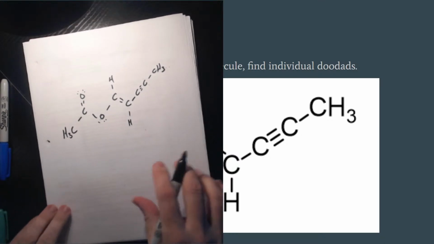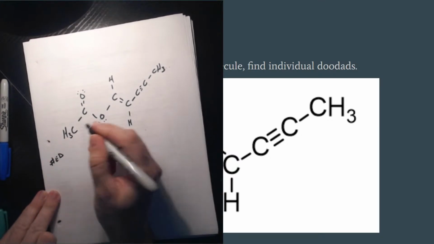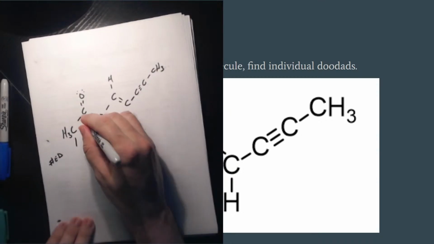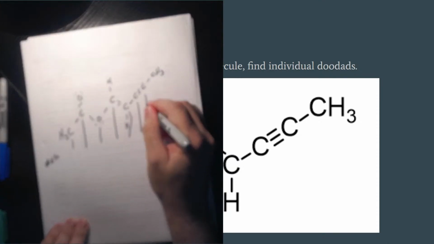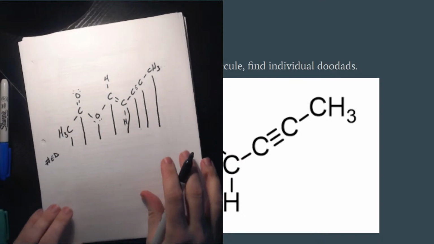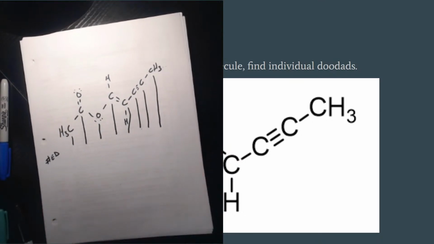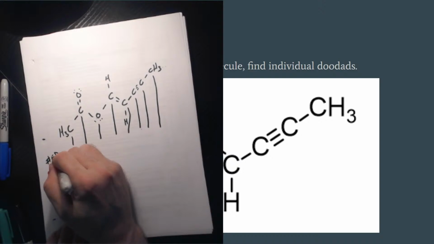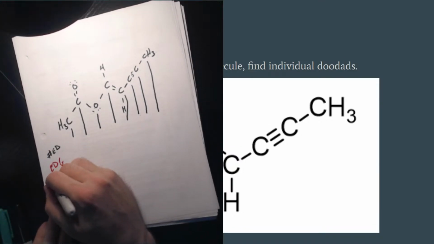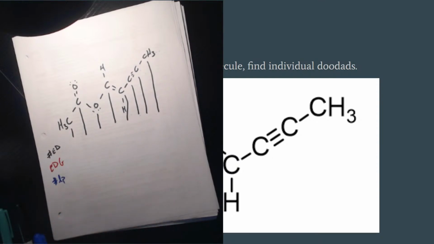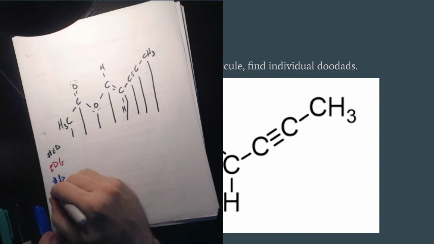First, we need to find the number of electron domains for each center. So carbon, carbon, oxygen, carbon, carbon, carbon, carbon, carbon. Once we know the number of electron domains, we can get the electron domain geometry. In order to find the molecular geometry, we need to know the number of lone pairs, and once we have that, we can get the molecular geometry.